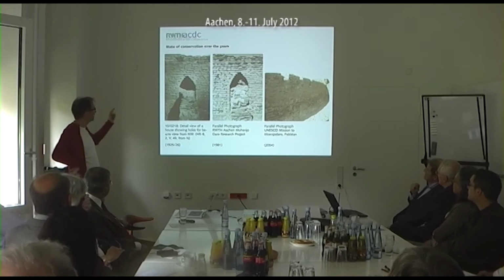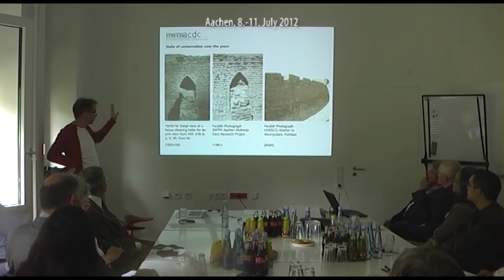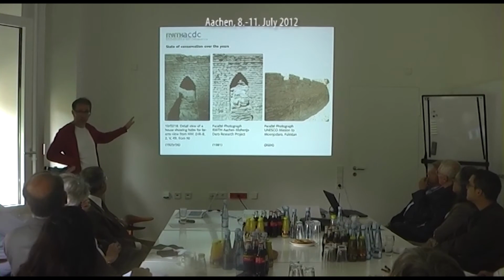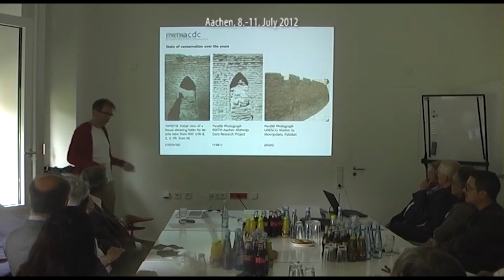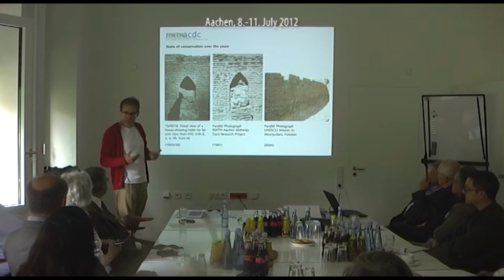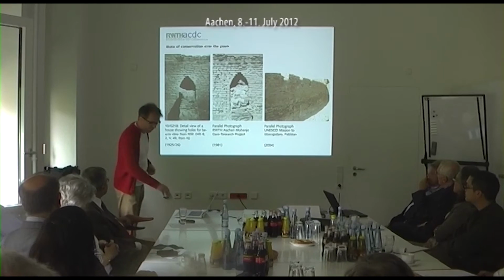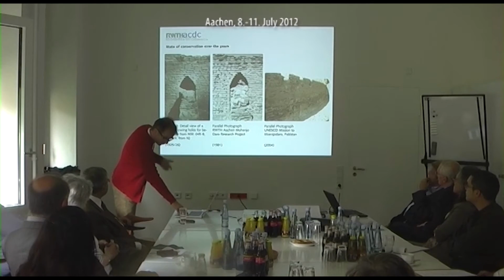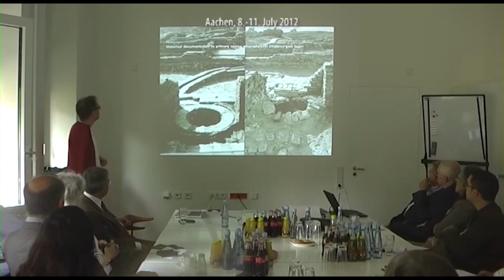And so what we see here is that we have a need for pictures for the representations of the older states as well when working with the current states, because we don't know how much the current state resembles the original state when it was excavated, which can still be different from the original state when it was built.